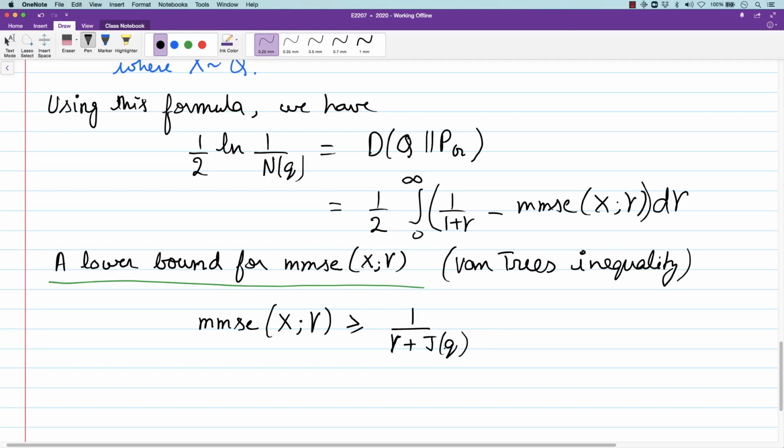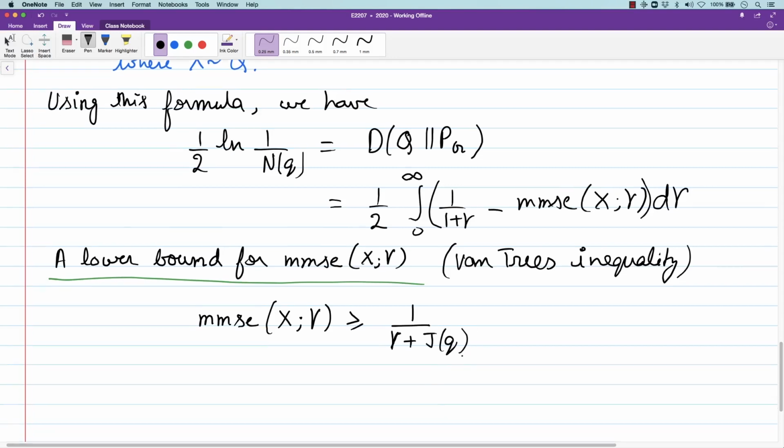So Van Trees' inequality in effect replaces unbiasedness with a prior. It doesn't have any condition of unbiasedness, but it works only with a prior. For our application here, the prior is Q, so we have the Fisher information of the prior, J(Q), and this part here is the Fisher information of the parametric family, the Gaussian channel that we're using.